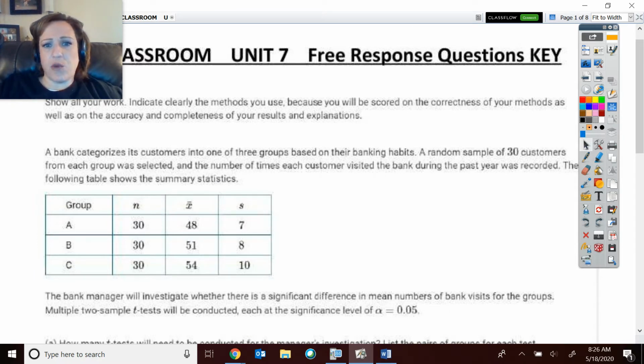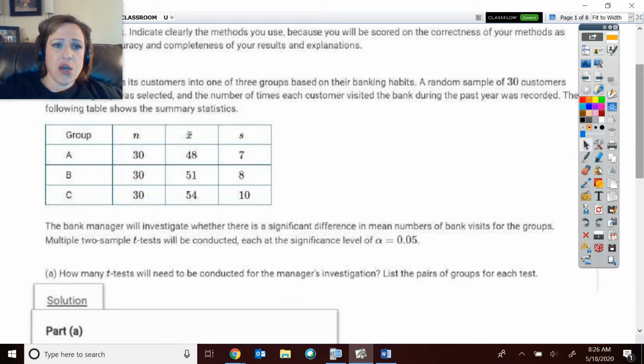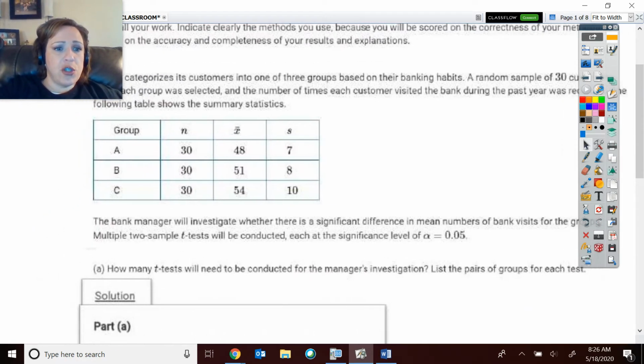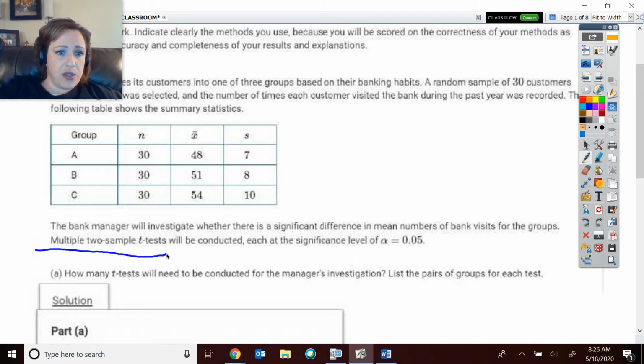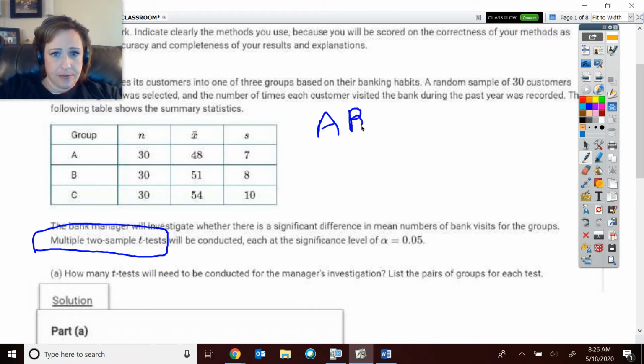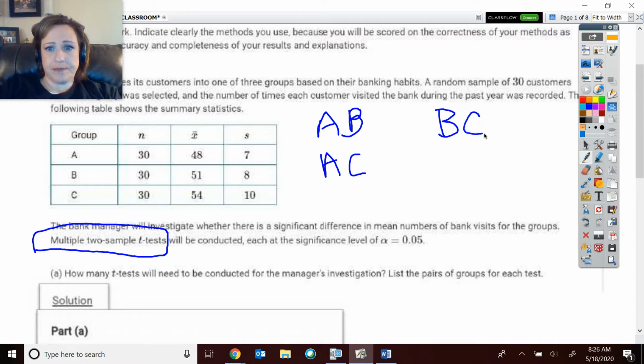Okay, they categorize them in one of three groups based on their banking habits. Okay, so in order to do multiple two-sample t-tests, we're going to have to compare A to B, and then A to C. Okay, and then we'll have to compare B to C. And so that's how we'll have to do multiple two-sample t-tests.